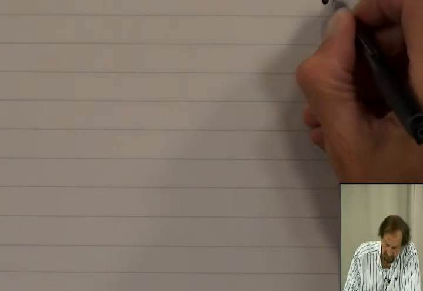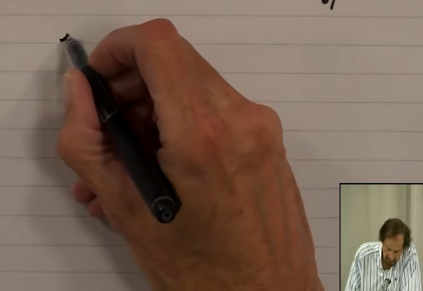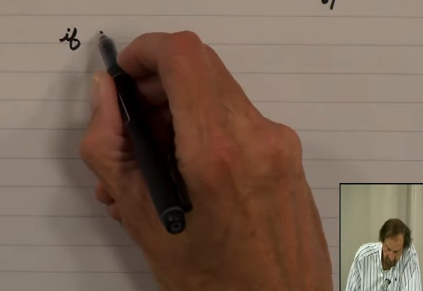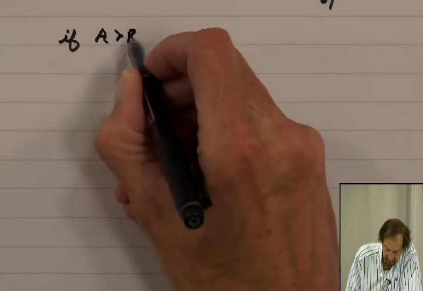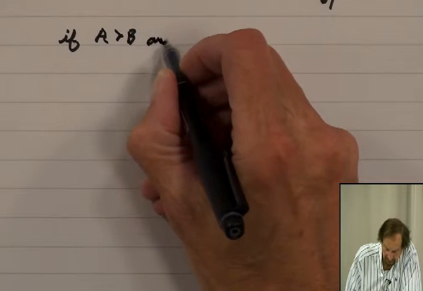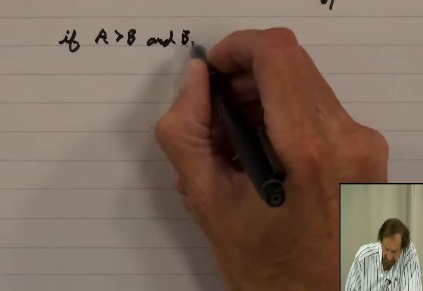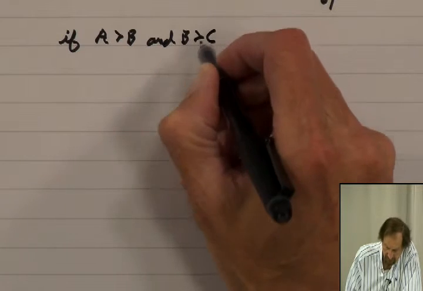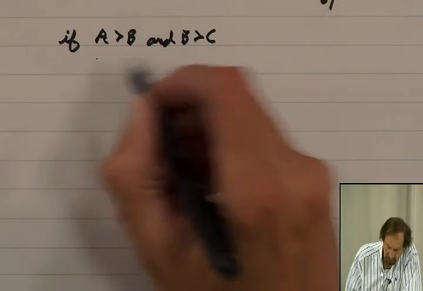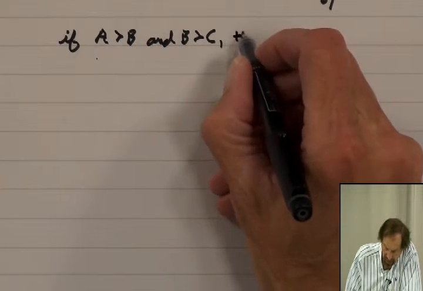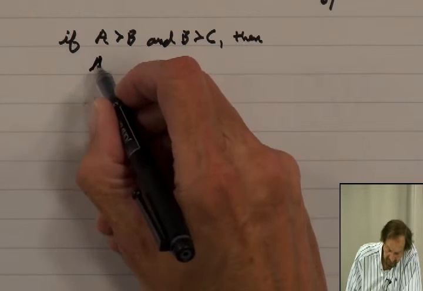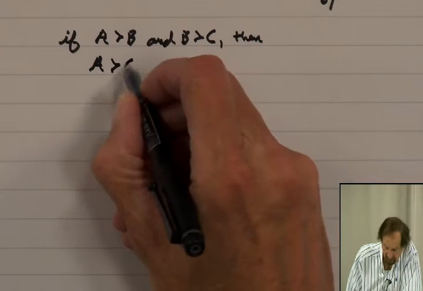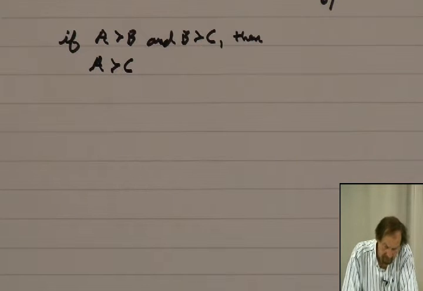We'll say that if A is preferred to B and B is preferred to C, then it must be true that A is preferred to C. Otherwise, we flip-flop.